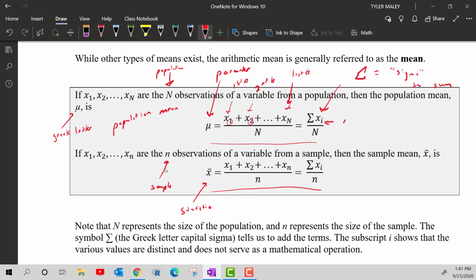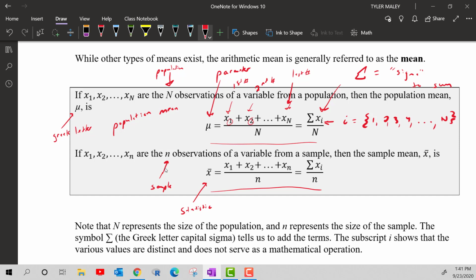So i could be equal to 1, 2, 3, 4, all the way up until we get to capital N. So that i is just going to keep fluctuating. We're going to add all those up and then divide by capital N, which is how many things that we have.